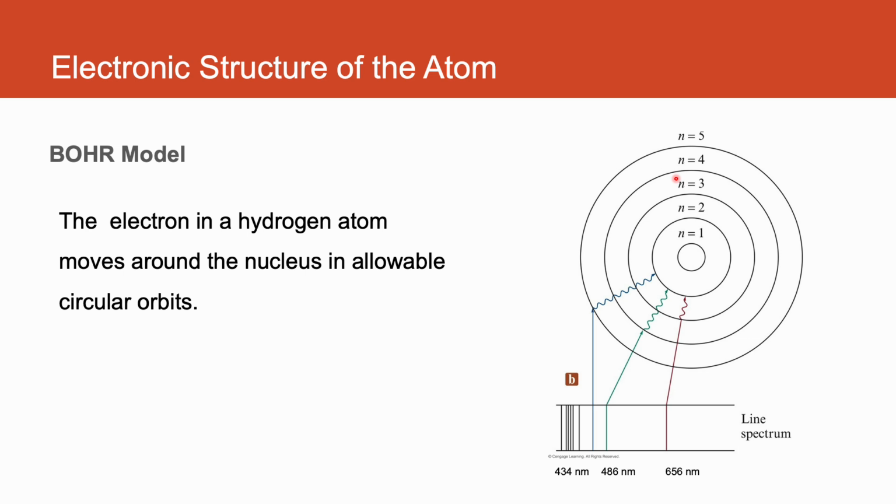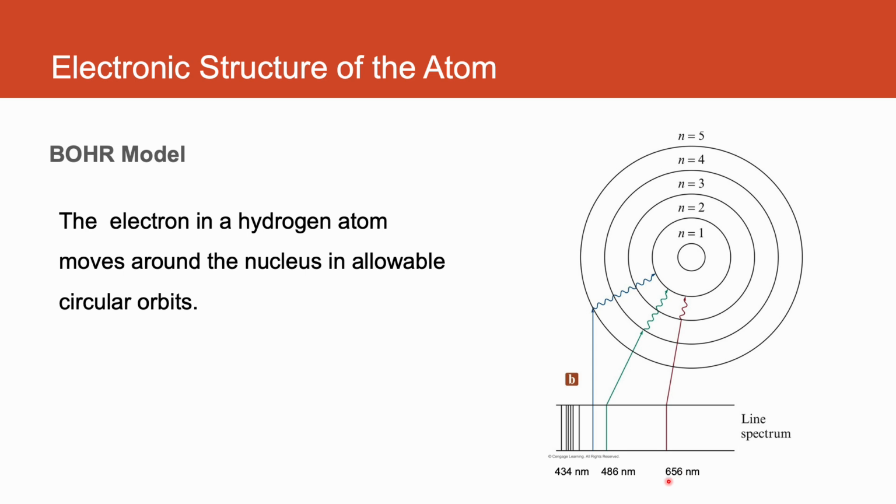The line spectra of your hydrogen is actually represented in here. Each wave number accounts for light emitted when an electron moves from a higher energy level to a lower energy level. This transition releases energy in the form of light.